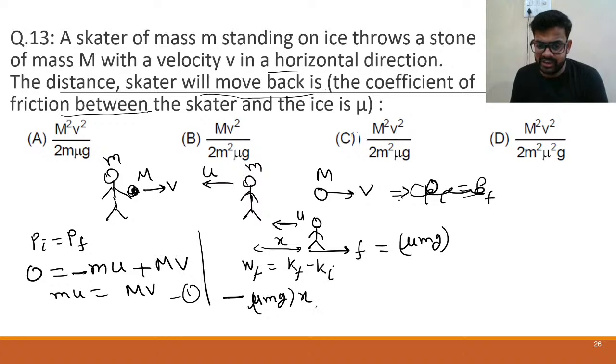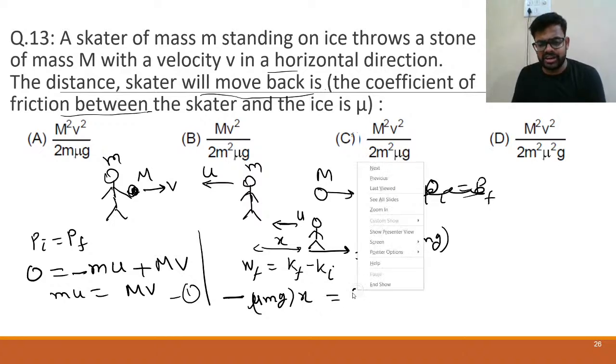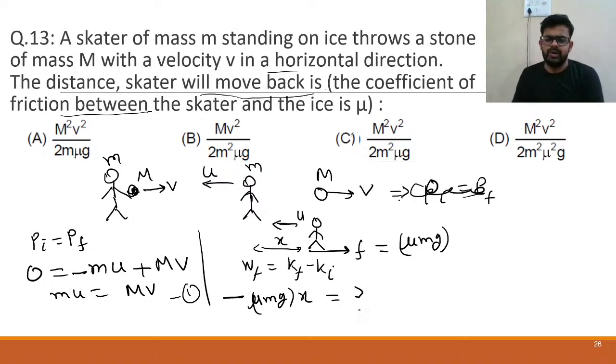Final kinetic energy of the scatter is 0, as he will stop, and initial kinetic energy is half m u square. I am applying this work energy theorem only for the scatter. Just put the value and get the answer.